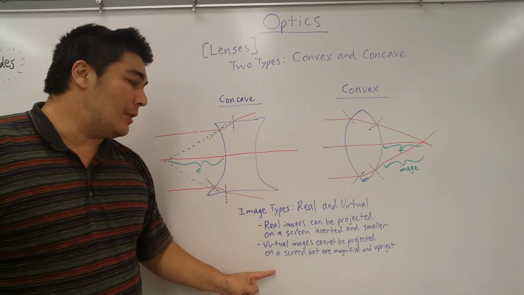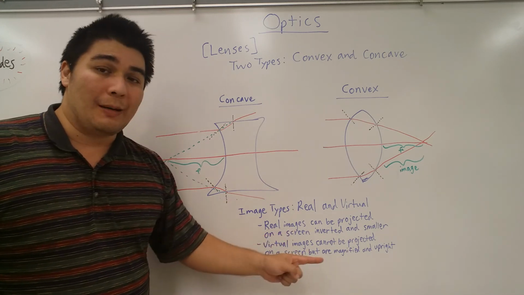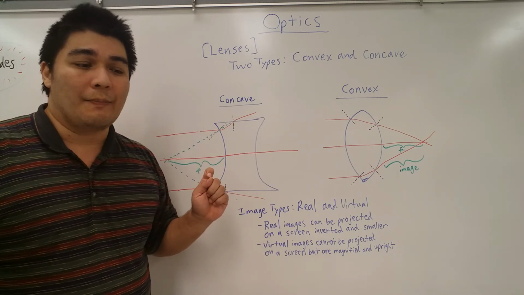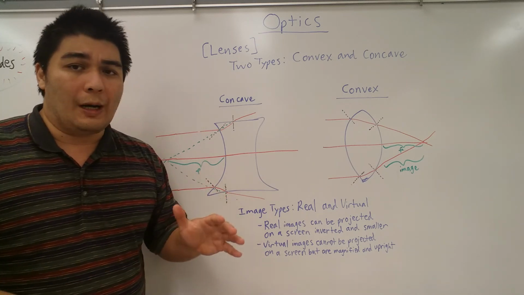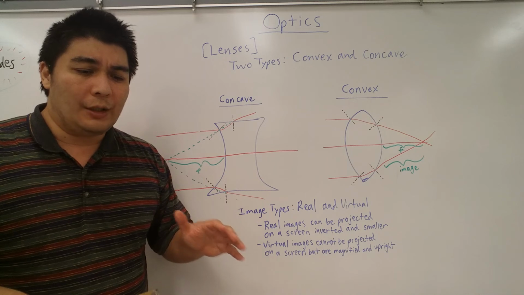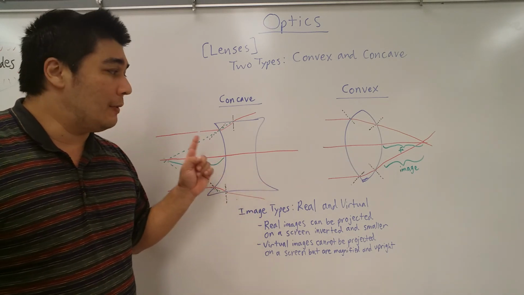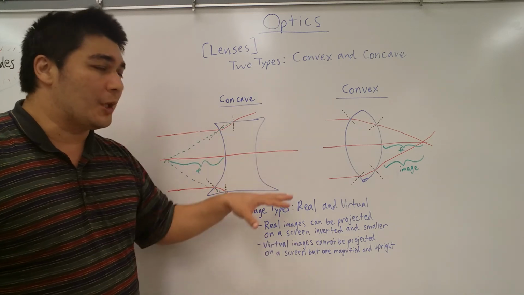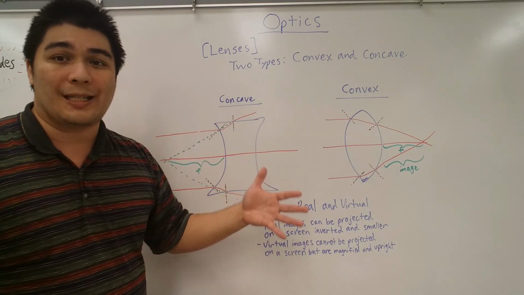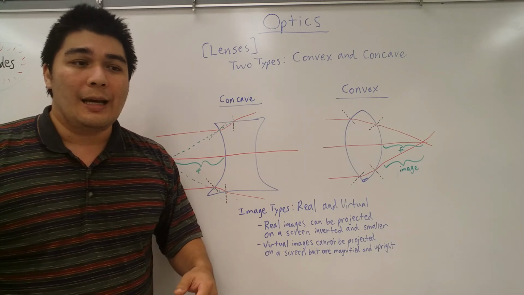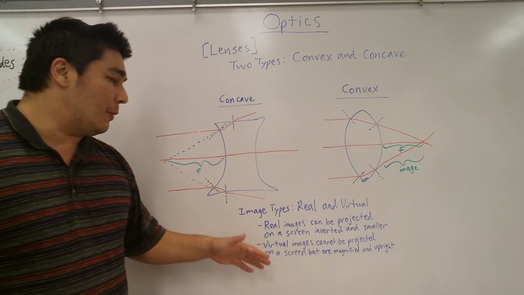Whereas a virtual image will be magnified and upright, but you cannot project it on a screen. I'll talk about why that is, and since I'll have more space in the next video, I'll draw some example images of what this looks like. But that's where we're headed.